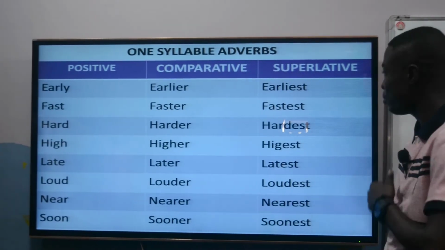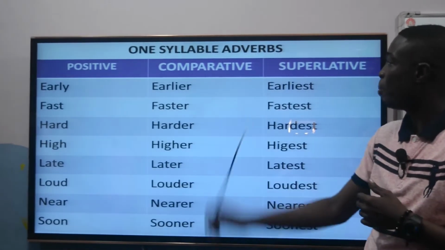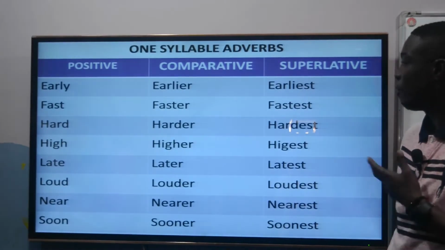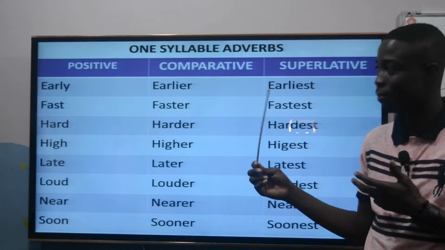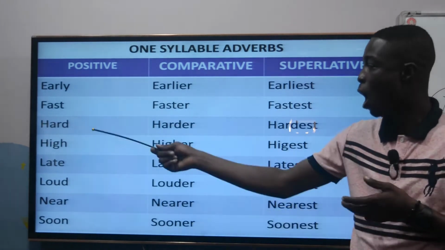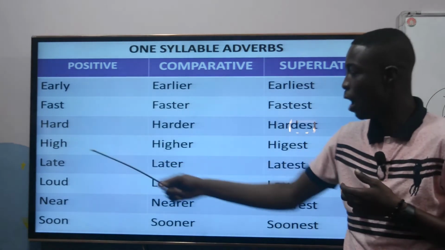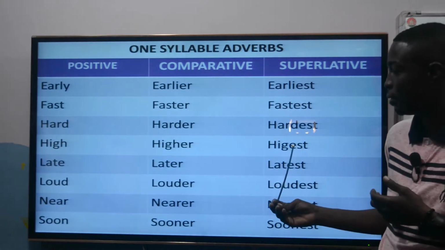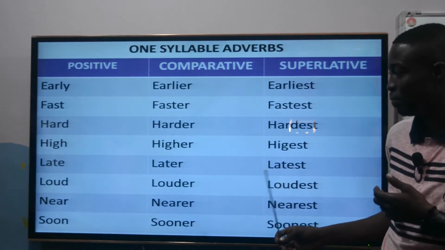All right, so these are some of the one-syllable adverbs with their comparative and superlative forms. Early, earlier, earliest. Fast, faster, fastest. Hard, harder, hardest. High, higher, highest. Late, later, latest.